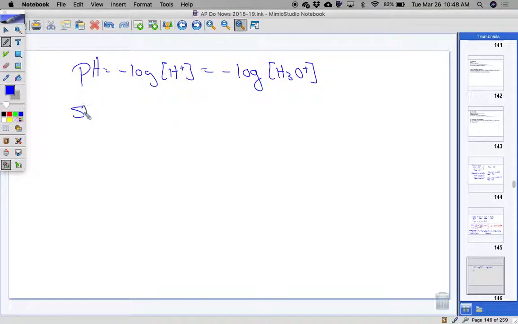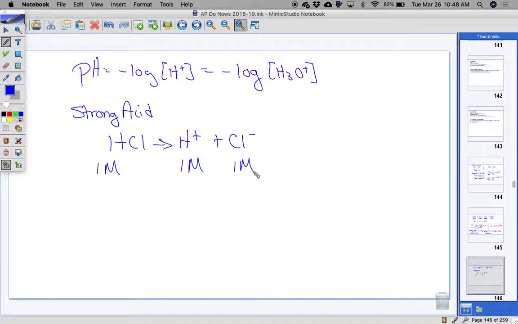The pH of a strong acid makes life really, really easy. Because if we have HCl, all of it turns into H+ and Cl-, right? So if I have a 1 molar solution of HCl, how much H+ am I going to have? 1 molar, and 1 molar, and this is going to go to 0, right?